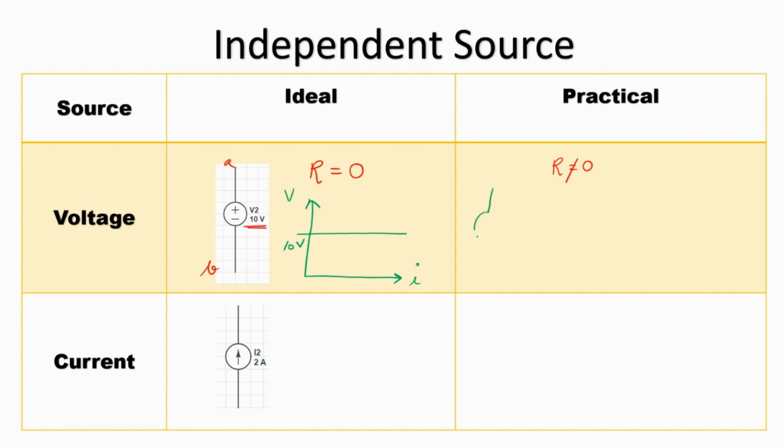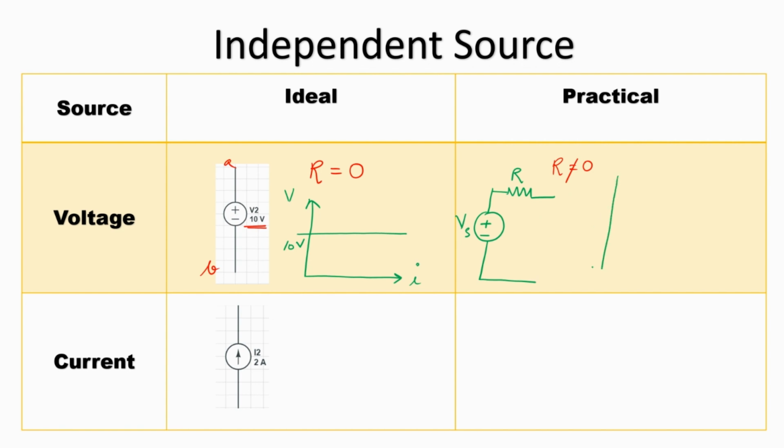So in practice, usually apart from this, we'll be having a resistor, the internal resistance R, which will be in series with this voltage source. So now this is the practical voltage source.